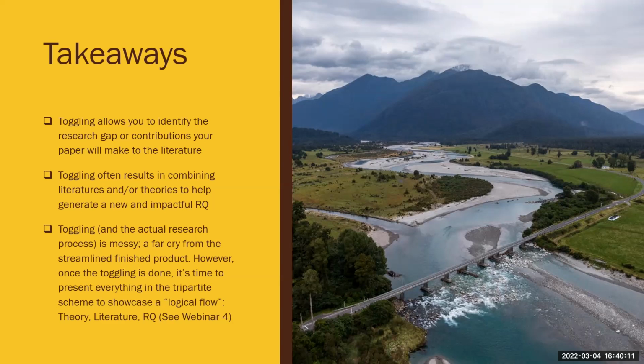So that's why I try to represent this visually on the right-hand side of this picture of this winding river. Toggling is sort of like a winding river, but you do need to make those connections across those different bends of the river to argue about, and create that logical flow for your research paper.